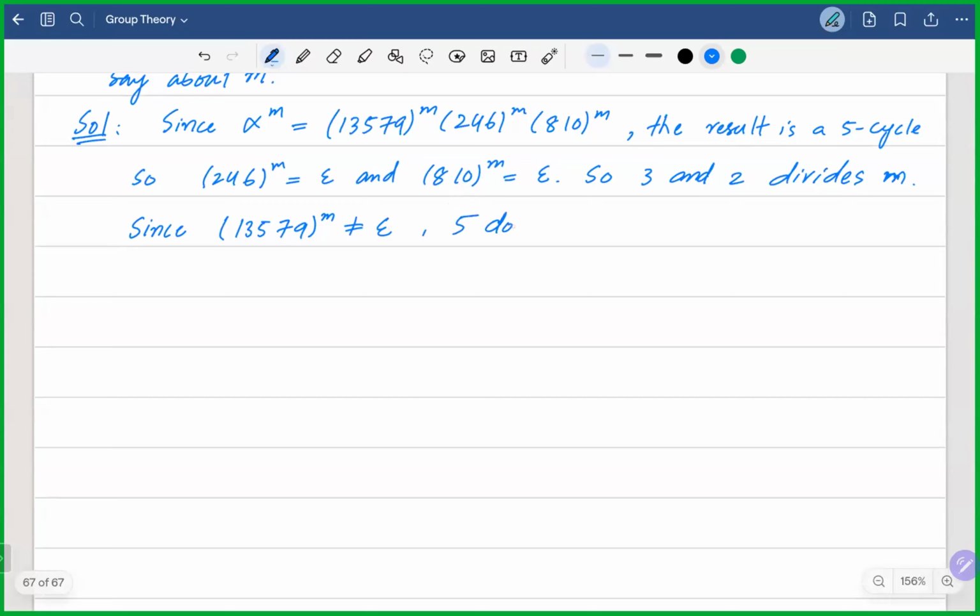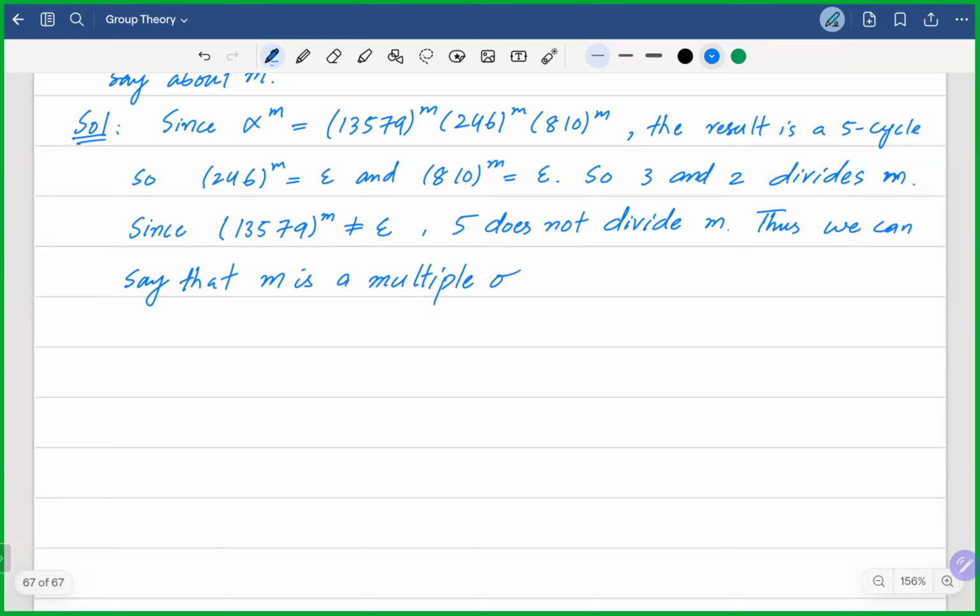Thus we can say that m is a multiple of 6, but not a multiple of 5 or 30.